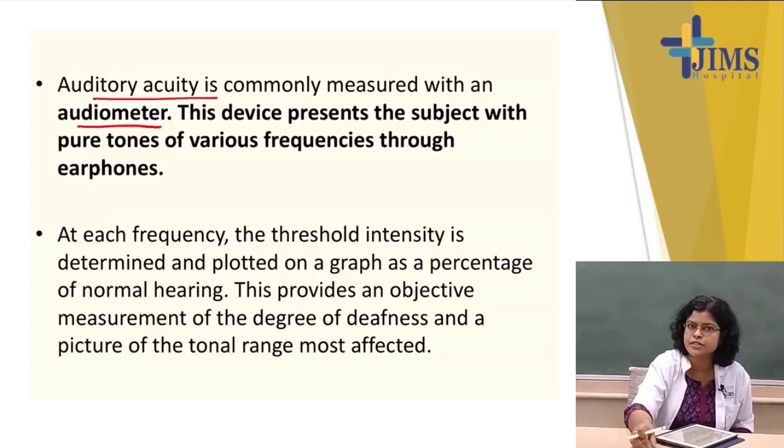You have to show Rinne's test and Weber's test, and then the examiner will ask how you will differentiate between conductive and sensory neural deafness with the help of Rinne and Weber. In Rinne's test, we take a tuning fork, vibrate it, and put the vibrating tuning fork over the mastoid process.